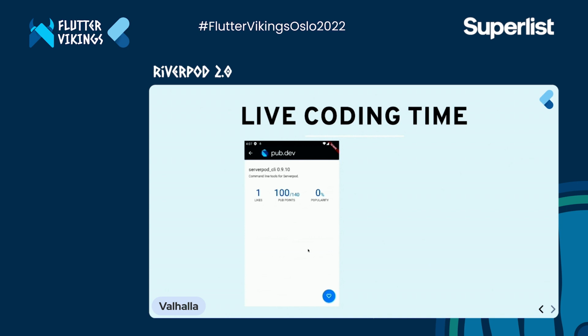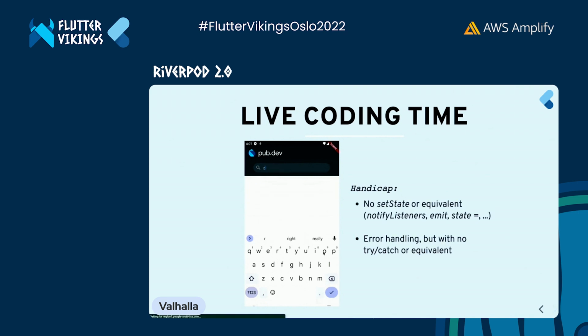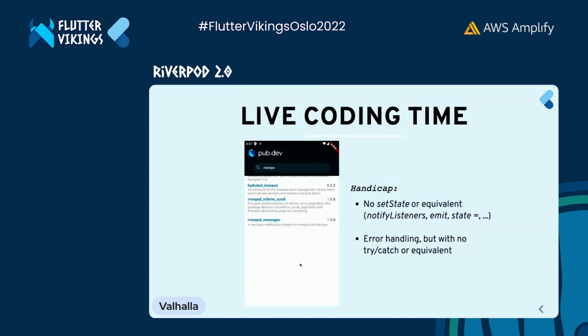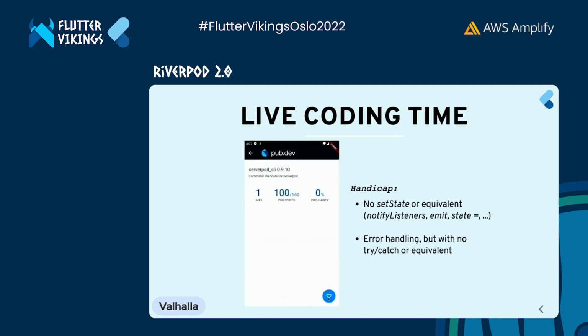Yeah. And so that's quite interesting, right? And to also showcase the usefulness of Riverpod, I also give myself a few handicaps. I want to use a special approach that is empowered by Riverpod. I'm going to build this entire application, but without using any setState or equivalent.